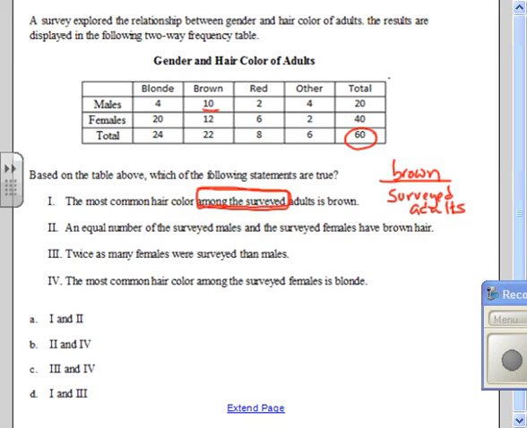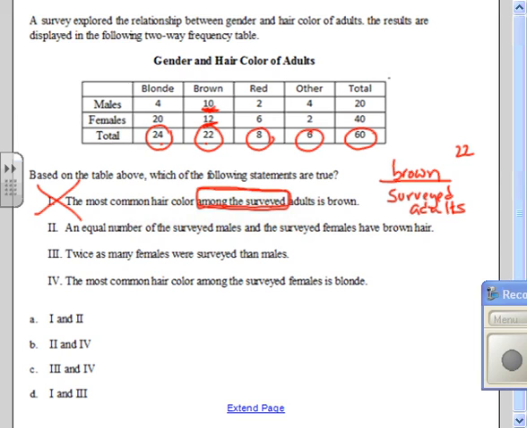No, sorry, back up. 10 of the males, 12 of the females, 22 of the people said brown. 24 were blonde, 8 were red, and 6 were other, which means 22, which is less than 24, brown is not the most common among adults. It is among males, but that's not what it asked. It said among adults, so you have to do all of them. So brown is 22, blonde is 24. That one is not true.